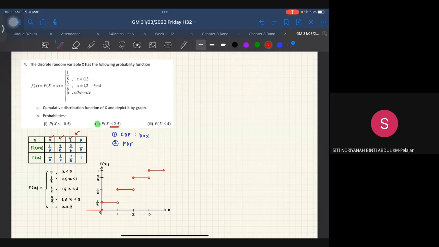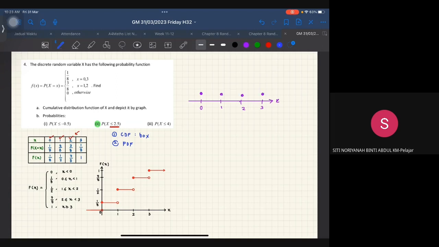Okay, so kalau awak nak try bayangkan menggunakan number line. So let's say this is my number line. So this is my value of X. Okay, and then my X is 0, 1, 2, and 3. So bila soalan bagi kita X is less than or equals to 2.5. So kita ada nilai dekat sini 0, 1, 2 dengan 3.